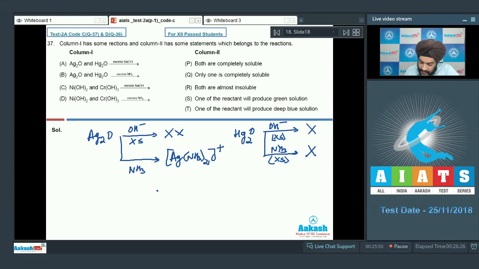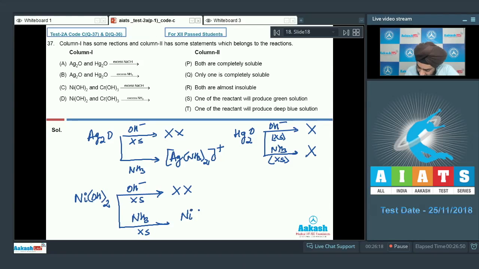Let us look at the hydroxides now. We have Ni(OH)2. It does not dissolve in excess of hydroxide ions. Whereas when it is allowed to react with excess of ammonia, it dissolves owing to the complexation reaction.